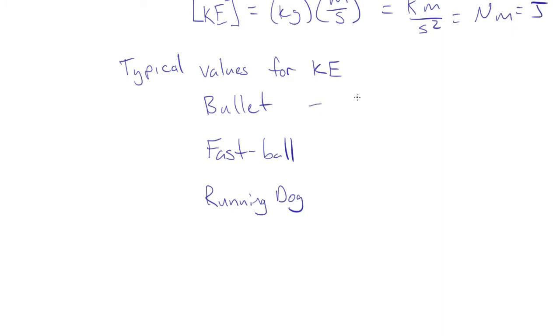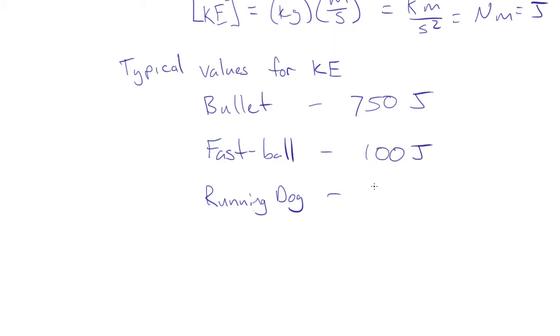So you can do the calculation. For a bullet, in my head it was something like 8 grams, so really light, but typical bullet speeds are about 400 meters per second, so you get something like 750 joules. A fastball moving at 95 miles per hour with a mass of about a quarter of a kilogram gives values of about 100 joules.